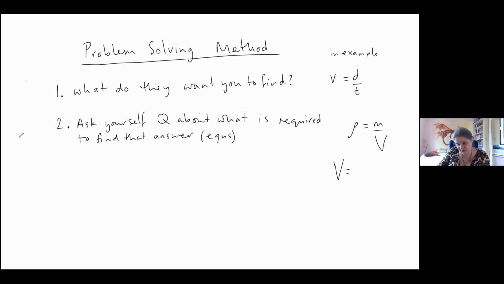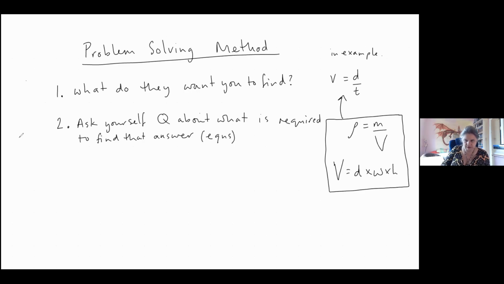Remember, it was the distance travelled sideways times the width times the height. Those two were what was needed to construct D. But where was the T coming in?